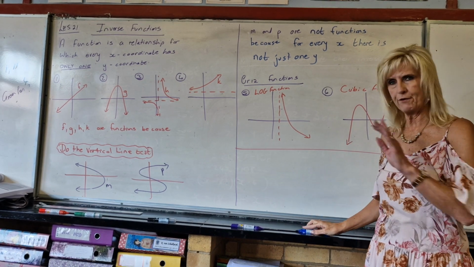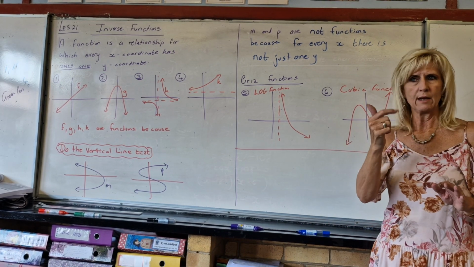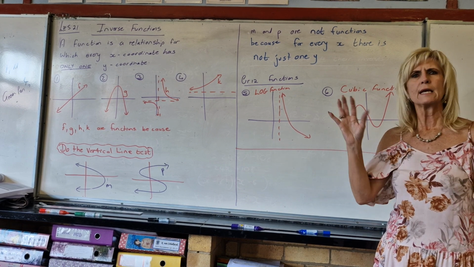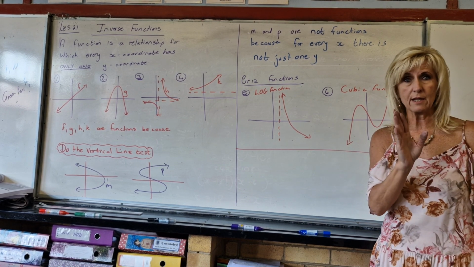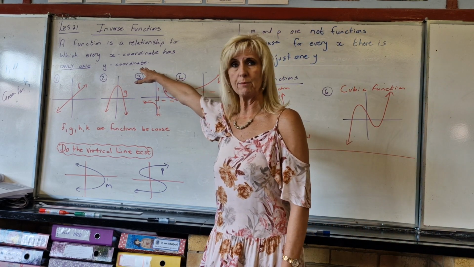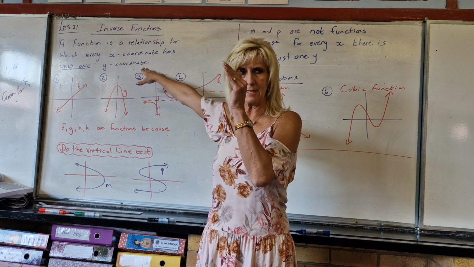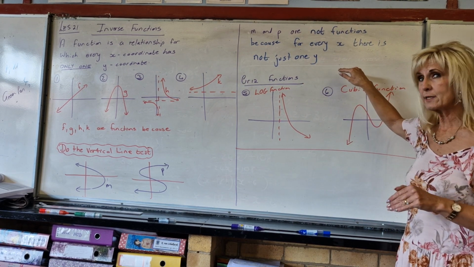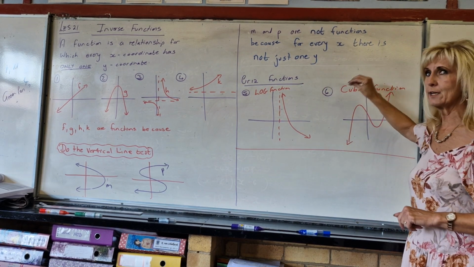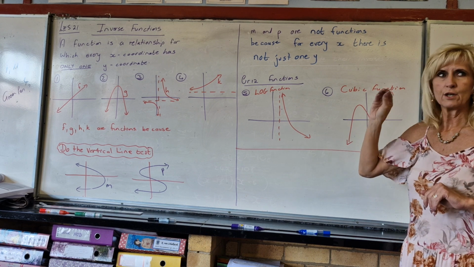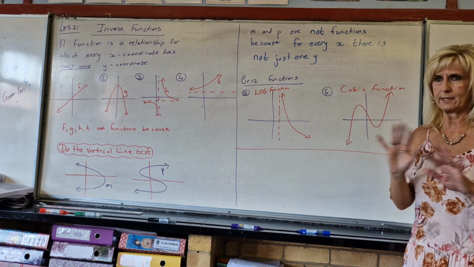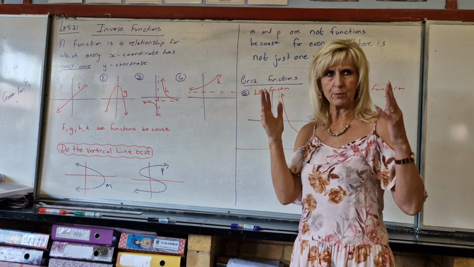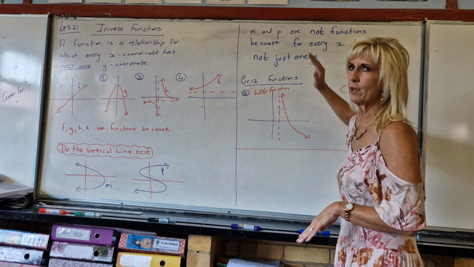Guys, they're definitely asking you that either June prelims, final exam, somewhere there's going to be a thing, is this a function? Then your answer is either going to be, yes, it is a function because every x has one y, or no, it's not, because for every x there is not just one. Nothing else. Not just one. That's it.